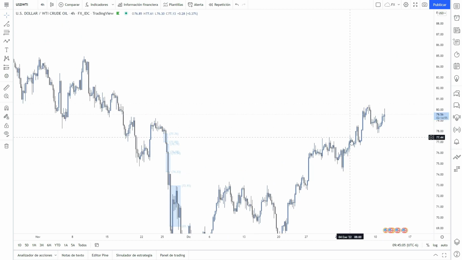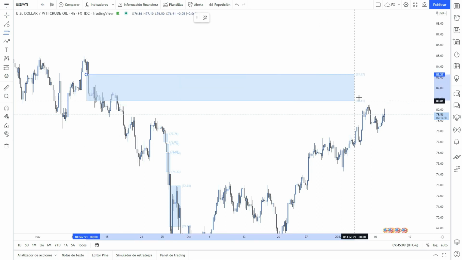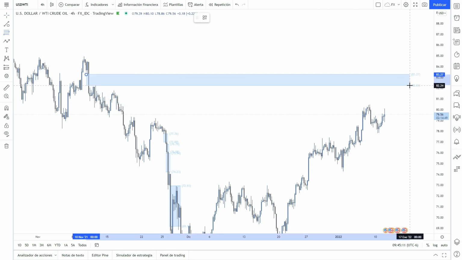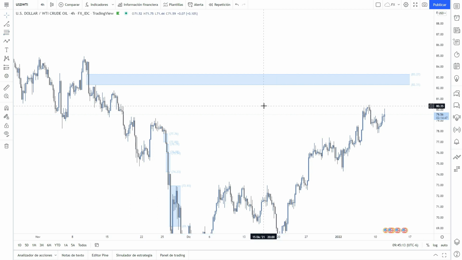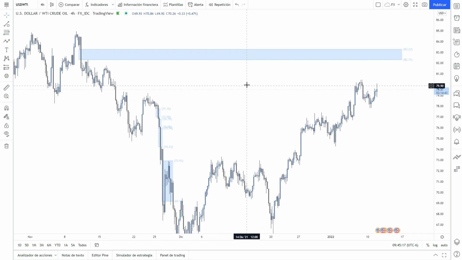We still are in an uptrend, and see that we have inefficiencies here. This is our 4-hour chart, but this is applicable in all time frames. It's the same thing. So price might hit this level.